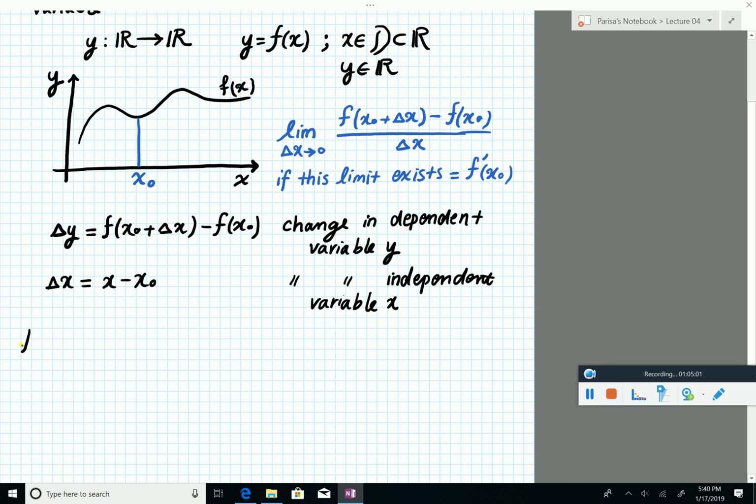And then we had something called Taylor series, right?